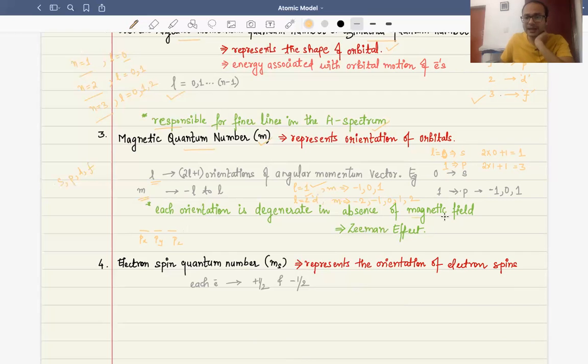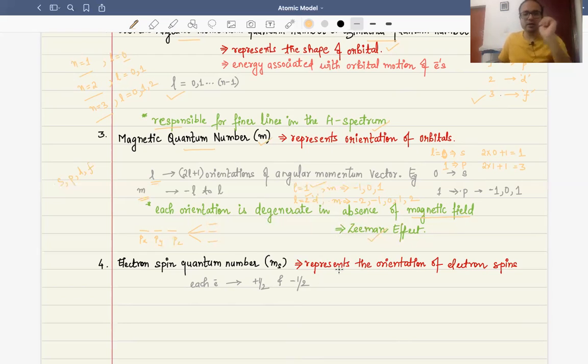But when you apply the magnetic field, they split into 3 different orbitals with different energies, and that is why you see the Zeeman effect, that is the influence of the magnetic field on the hydrogen spectrum. That is because these subshells are moved from their degenerate state to different energies, and that is why you see an effect on the hydrogen spectrum because of the Zeeman effect. So that is because the degenerate state of these individual orbitals is affected when you apply a magnetic field.